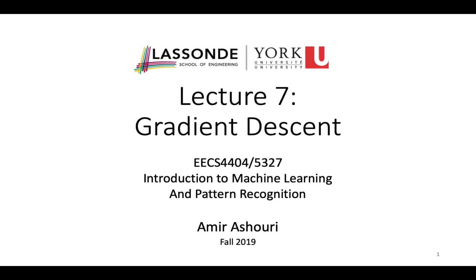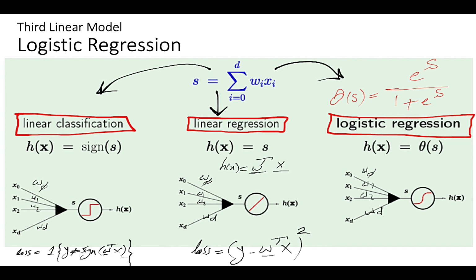All right, so today we're going to talk about gradient descent. Let's just recap what we have been talking about in the past lectures. We started with the linear model, linear classification, and regression.